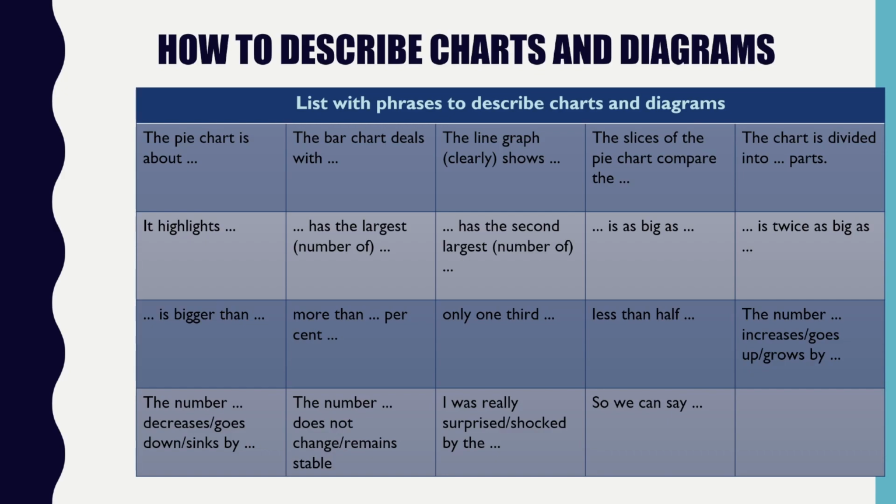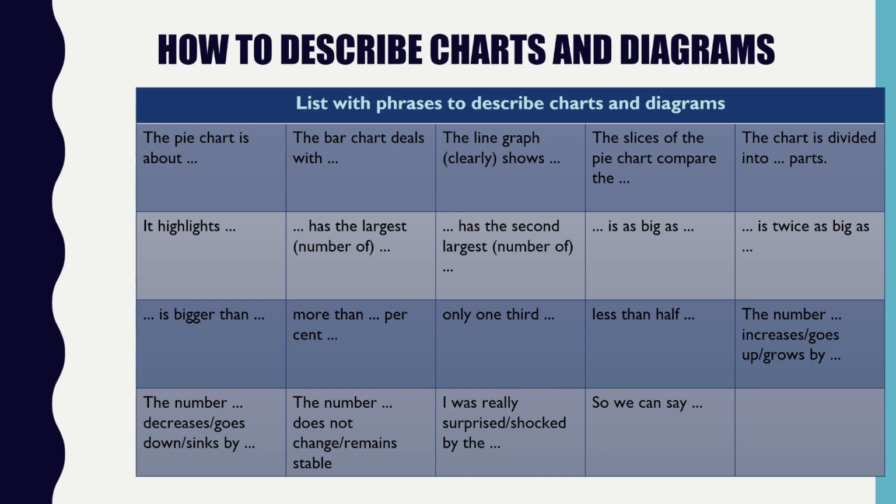Comparison, you want to say bigger or smaller than. Then you want to show changes. You can say it is decreasing or increasing or it is stable. Those are the phrases you are going to use to describe. Okay, and the first two are how you show what the chart is about.